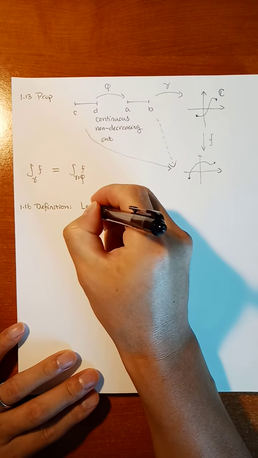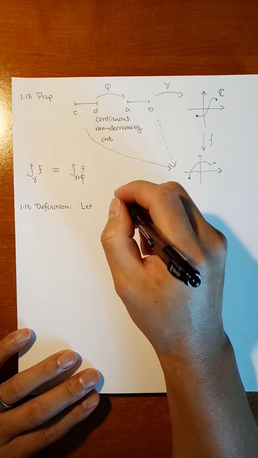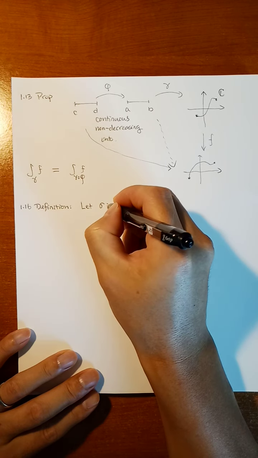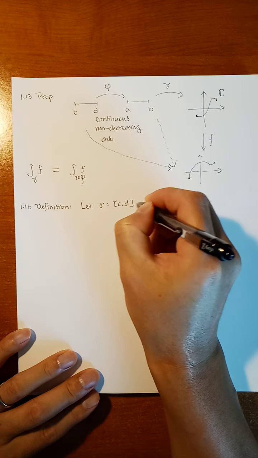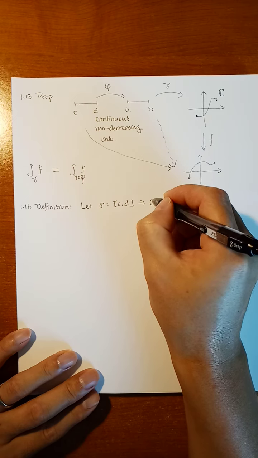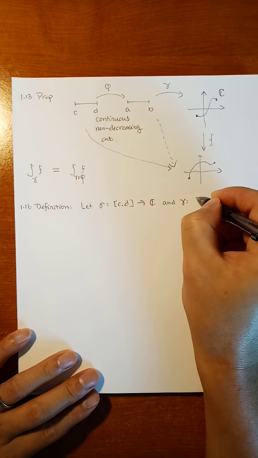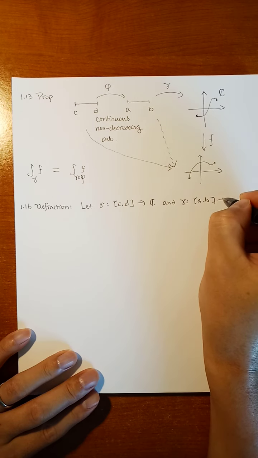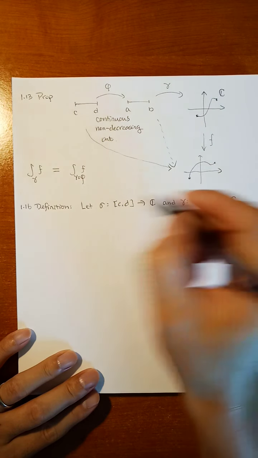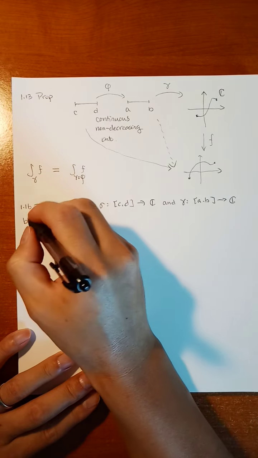Now let's see the definition. Let sigma from CD to C and gamma from AB to C be rectifiable paths.